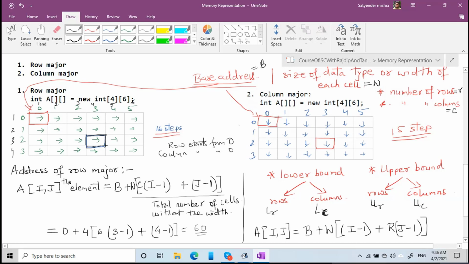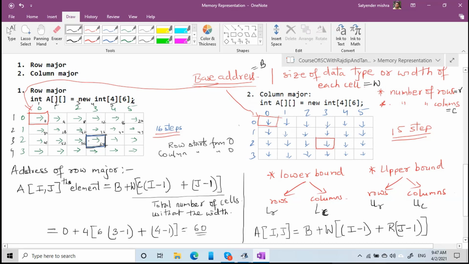You can think this is 0, this is 4, 8, 12, 16, 20, 24, 28, 32, 36, 40, 44, 48, 52, 56, and this is 60.